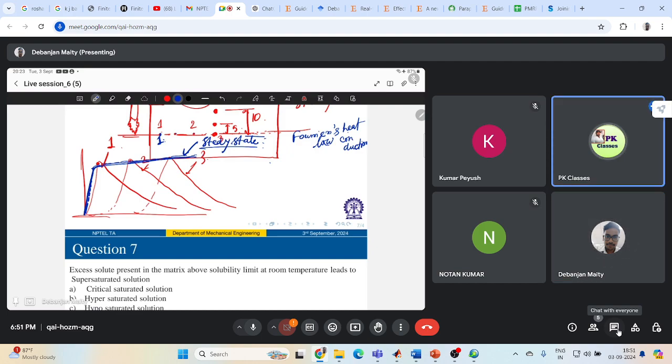So in other words, let's say you are an observer and you are seeing that the nozzle is moving, and the observer is also moving with the heat source. Then the temperature distribution and the pool geometry will not change with time.